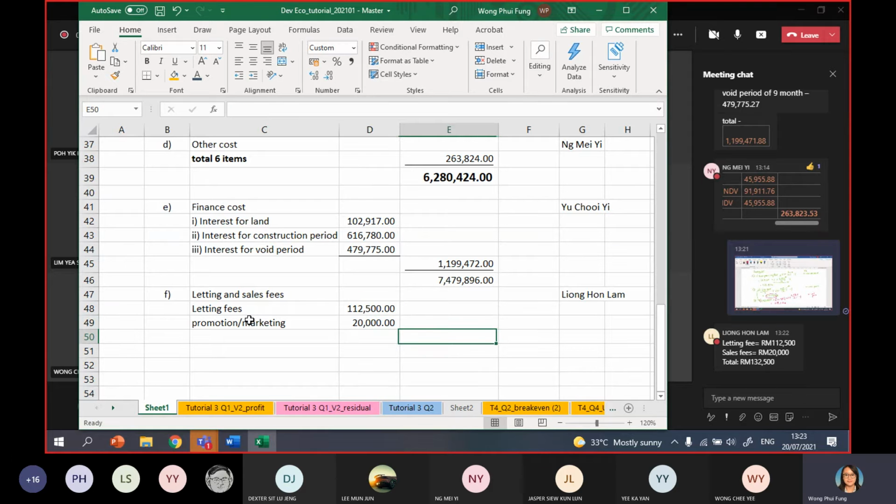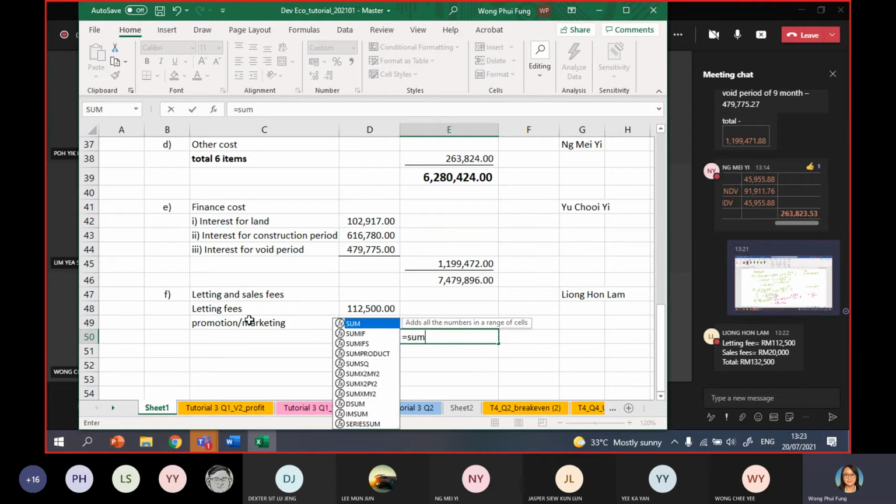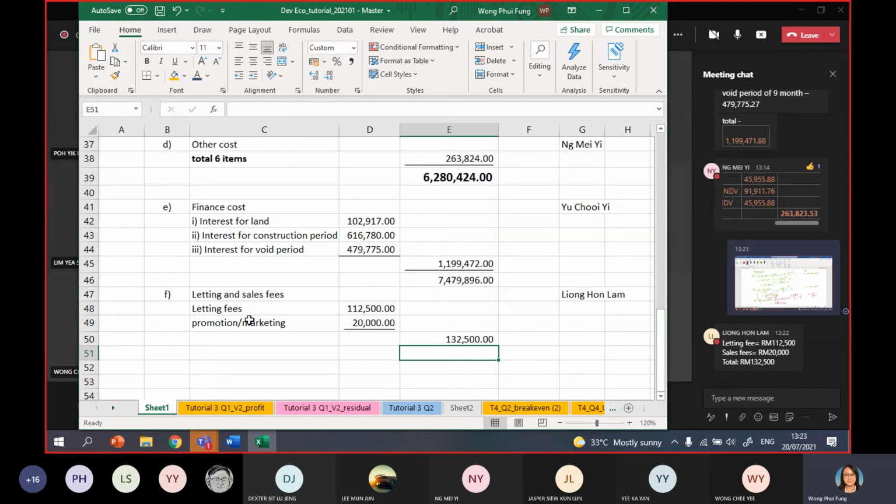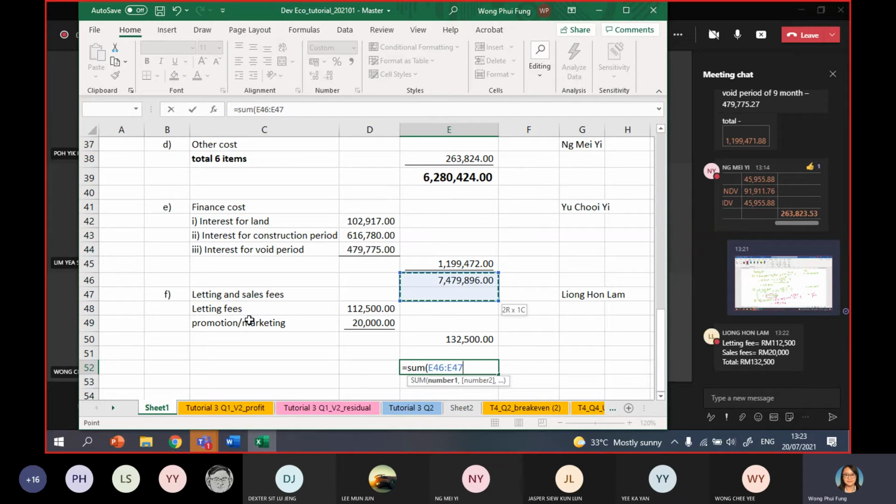These two are already given in the question, so you refer to the question. You sum everything. This will be the total. Then you add up everything together, adding from the previous one.